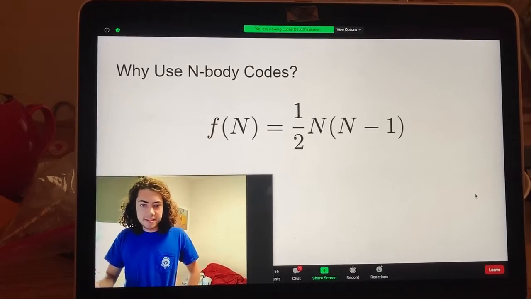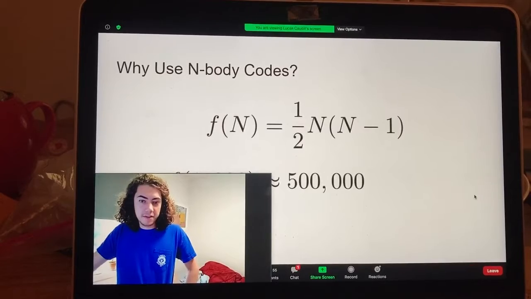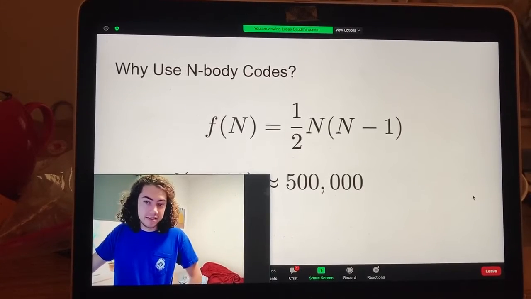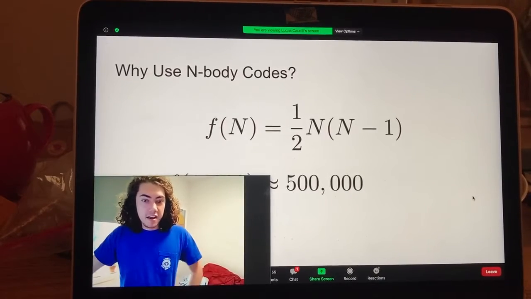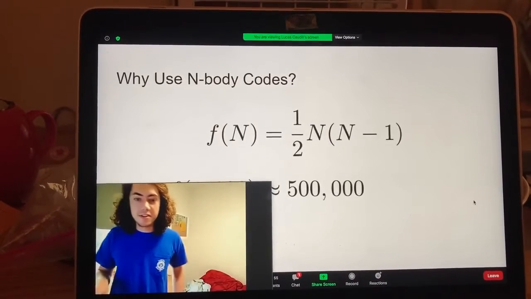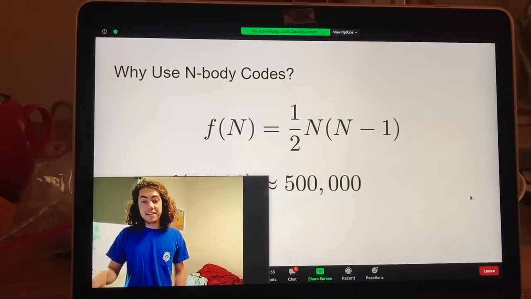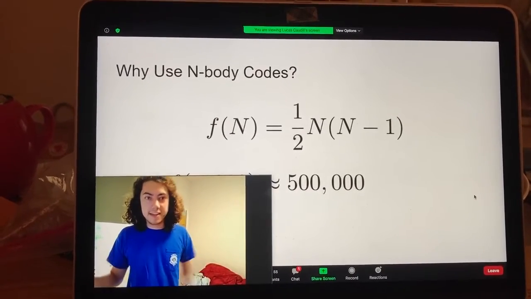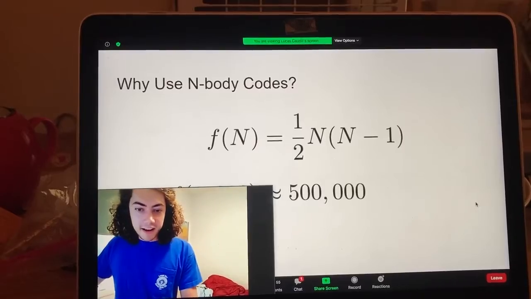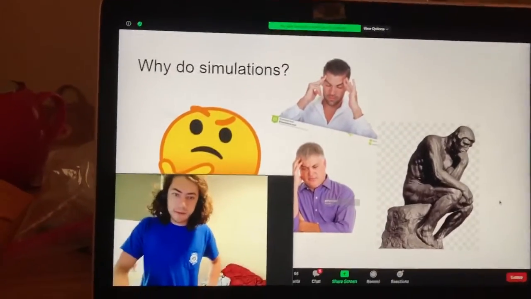And it just so happens that if you have a system with N equals 1,000, you'd have to apply Newton's law of gravitation about 500,000 times if you wanted to solve it by hand. Now keep in mind that 1,000 particles is a pretty small simulation. I ran one this summer that had N equal to 4 million. And that's why we like to use computers for this kind of stuff, because you don't want to do that by hand. So performing all this computation takes up a lot of time and processing power.